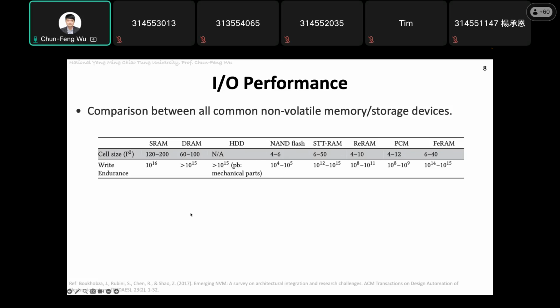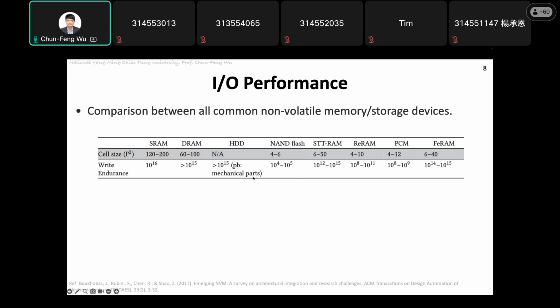Okay, so if the NAND flash is 1 terabyte, then it can only endure 10 to the 4 times 1 terabyte. This is the maximum data you can write. After that, the NAND flash will produce a lot of errors, so you cannot read out your data correctly.